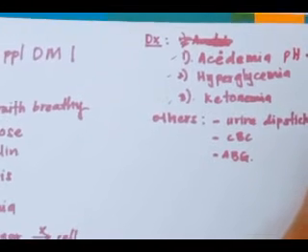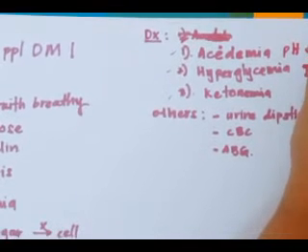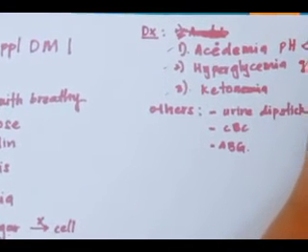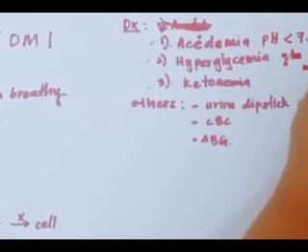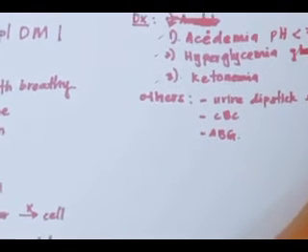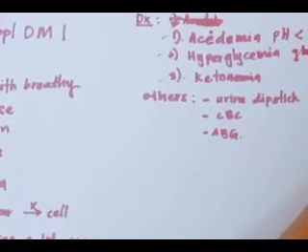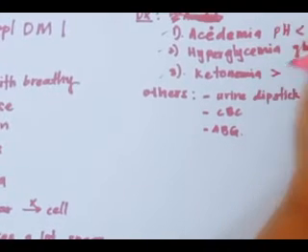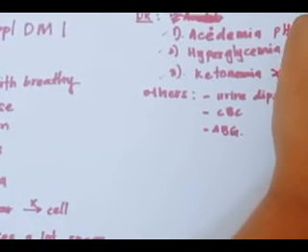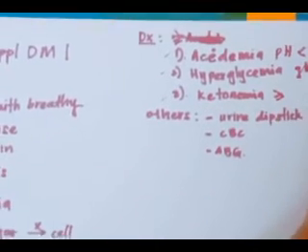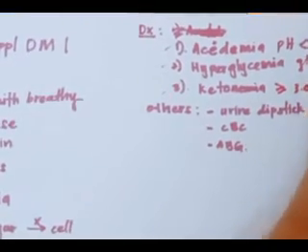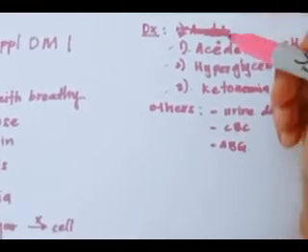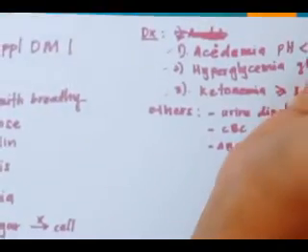Hyperglycemia: the glucose level will be more than 11.0 mmol per liter. And ketonemia will be more than or equal to 3.0. So these three main points will tell you whether the patient has DKA or not.